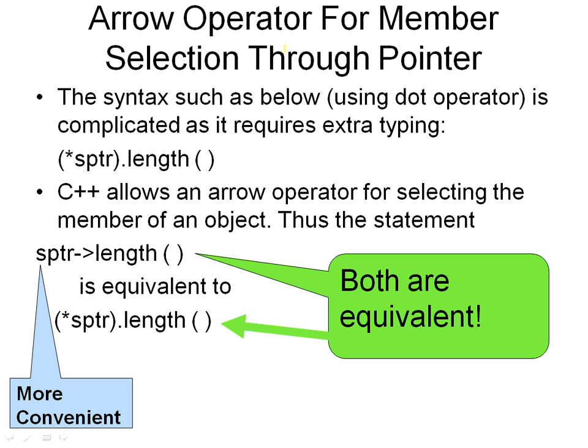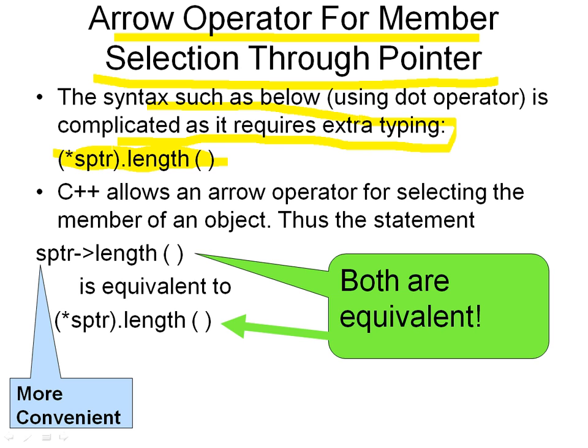There is another technique to do the member selection through the pointer, which is called an arrow operator. We showed you how to use this technique for member selection through a pointer. This syntax, which uses the dot operator, although familiar to you because you have used the dot operator before, is a bit complicated because it requires some extra typing.